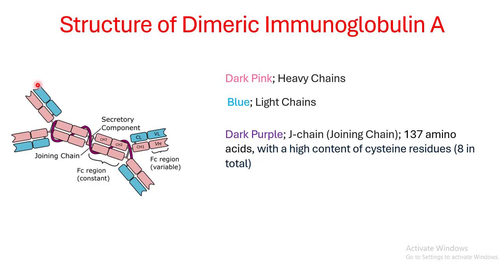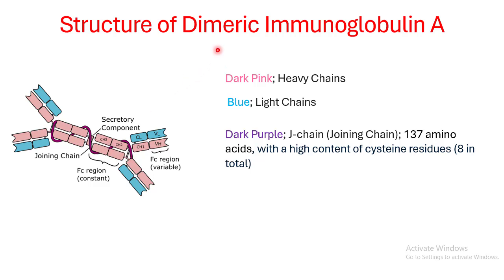Similarly, over here, you can see this is one light chain. This is another light chain. Starting from here, moving up to here, one heavy chain. Starting from here, moving up to here, this is another heavy chain. So two light chains, two heavy chains. This is making another monomeric immunoglobulin A. So you're joining two of them.